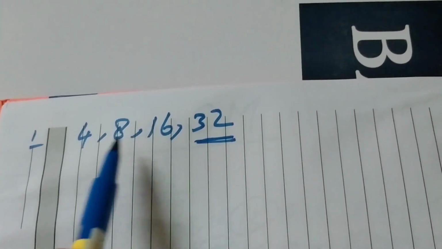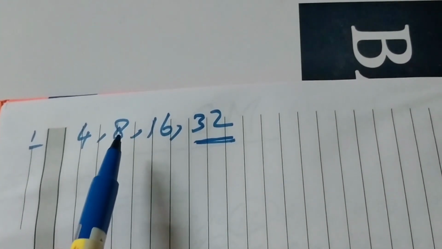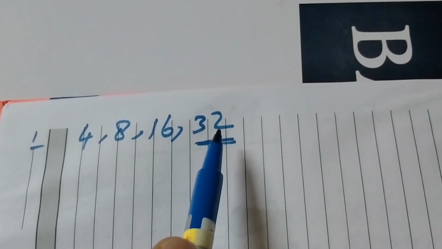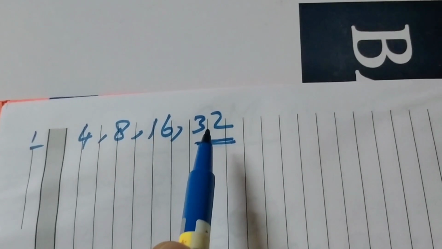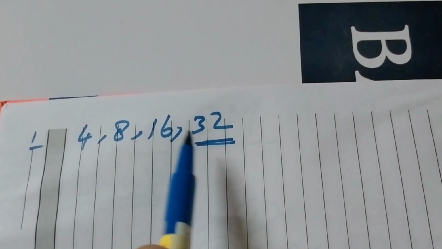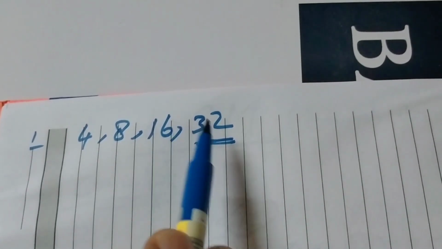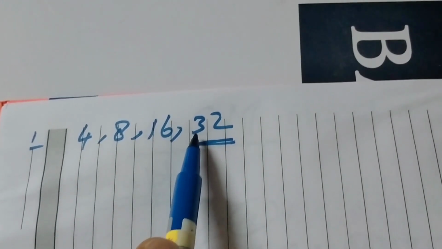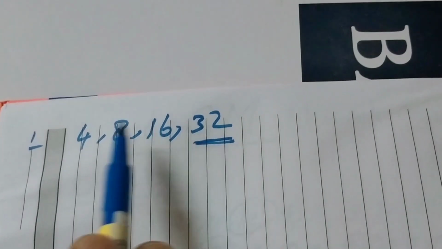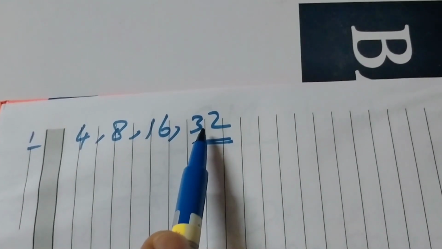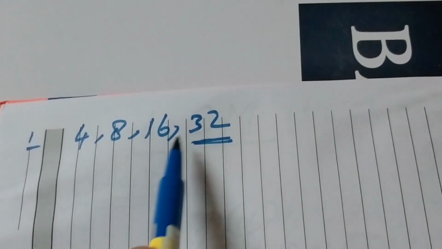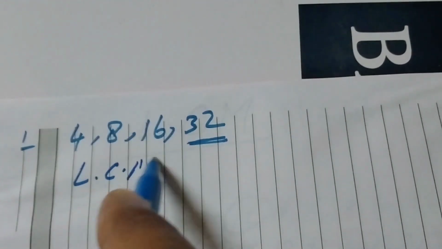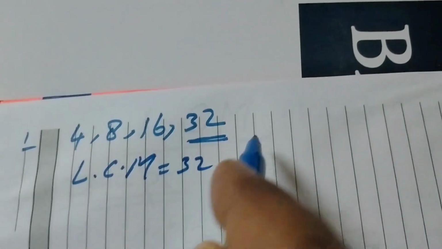If all smaller numbers divide the big number, then the big number is the LCM. So 16 divides 32 because 16 times 2 equals 32. 8 also divides 32 and 4 also divides 32. So what is our LCM? Our LCM is 32.